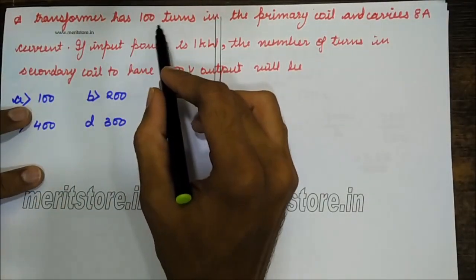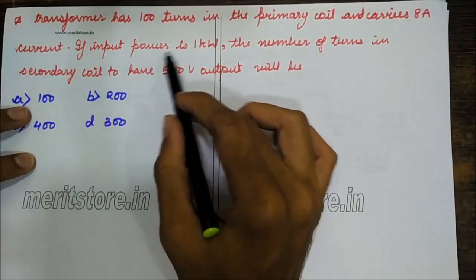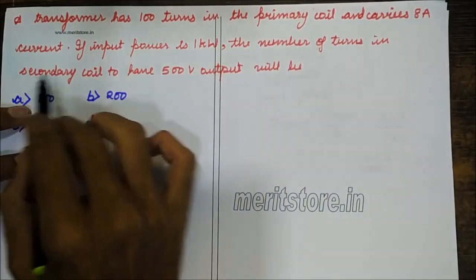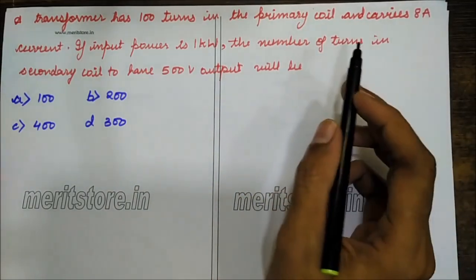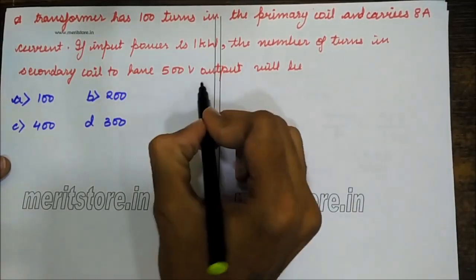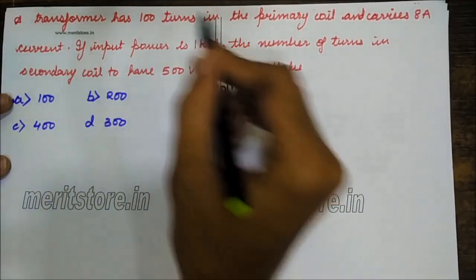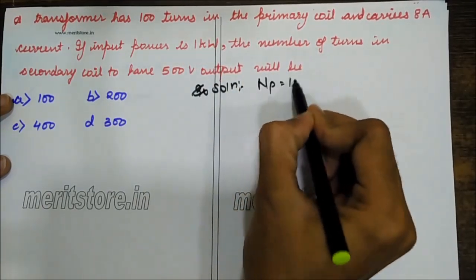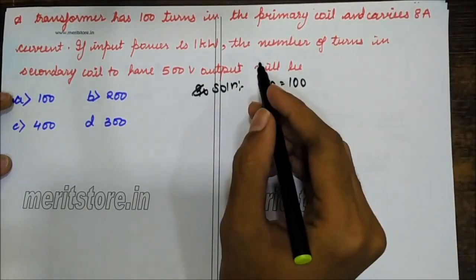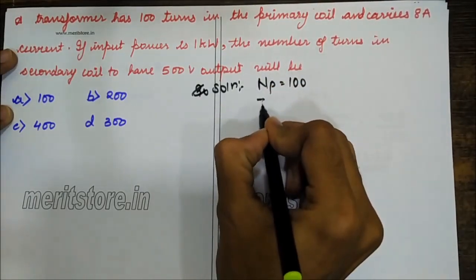A transformer has 100 turns in the primary coil and carries 8 amps of current. If the input power is 1 kilowatt, the number of turns in the secondary coil to have 500 volt output will be 100, 200, 400 or 300 turns. Okay, so we will be finding the solution, that is a transformer having 100 turns in the primary coil, that is Np is given 100, and carries a current of 8 amperes, that is the input current.